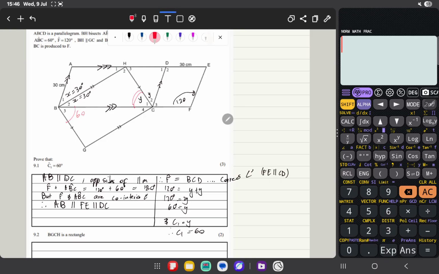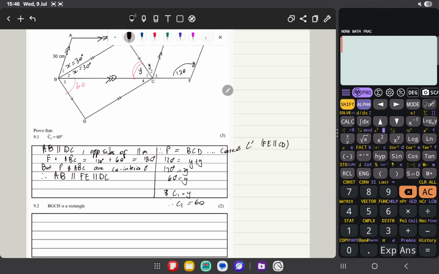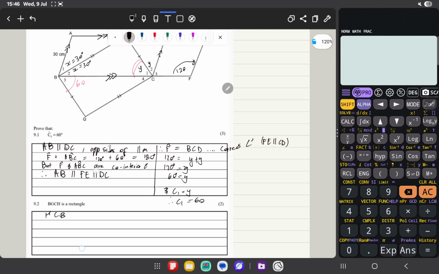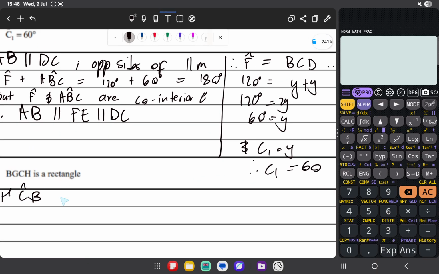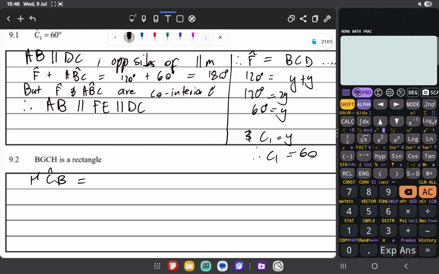All right, so let's do it. You have angle HCB equals angle GBC.